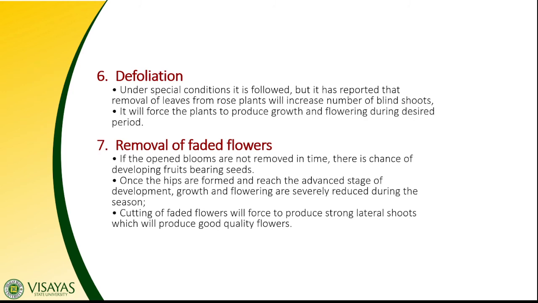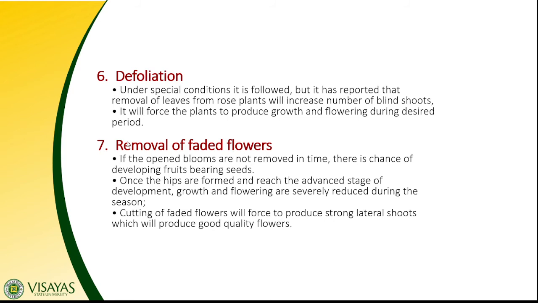And number six is defoliation. So under special condition, it is followed, but it has been reported that removal of leaves from rose plants will increase number of blind shoots, and this defoliation will force the plants to produce growth and flowering during a desired period.